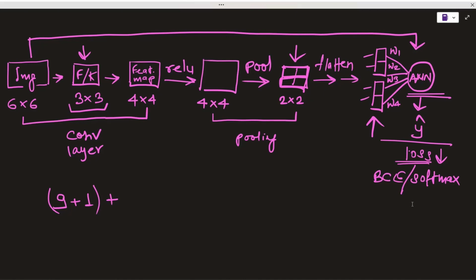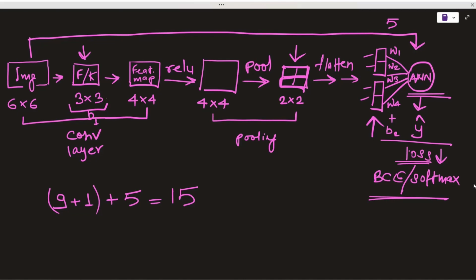So we have 4 weights over here, plus let's also consider a bias term over here as well. So let's take it as B2 and here we will take it as B1. So we have 5 trainable parameters towards the end as well. So it will be 10 plus 5. So in total we have 15 trainable parameters for which the values need to be adjusted in order to reduce the loss that we have.